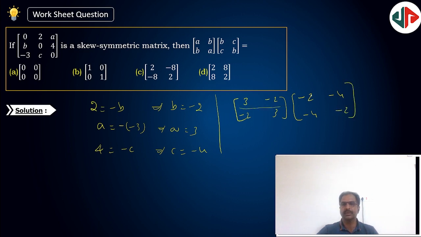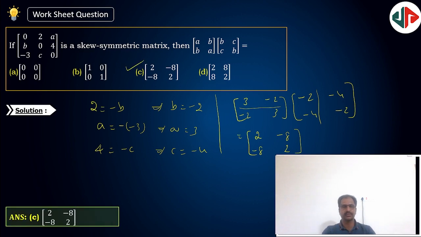Now you know how to multiply two matrices. If you multiply those two, you get minus 6 plus 8, 2, minus 12 plus 4, minus 8, 4 minus 12, minus 8, 8 minus 6, 2. That is 2 minus 8, minus 8 2, which means option C is the correct answer.